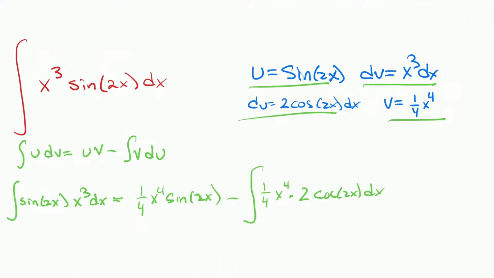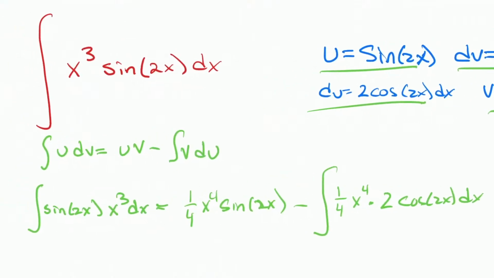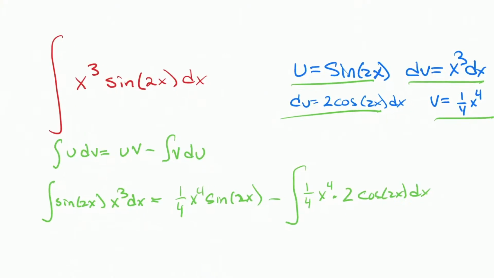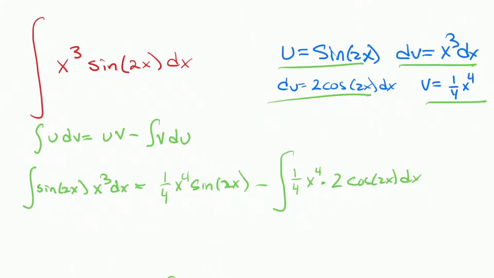Let me make a comment about what we just did here. Notice that you started off with a monomial, x cubed, times the sine, which is bad because we don't know the antiderivative offhand. There's no substitution I can do. That is my starting point.